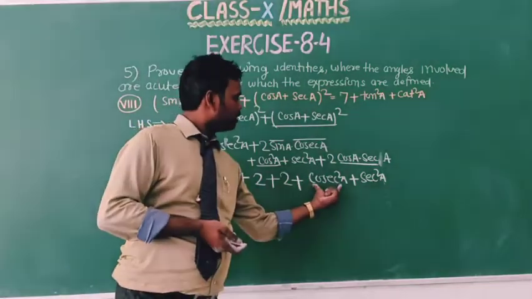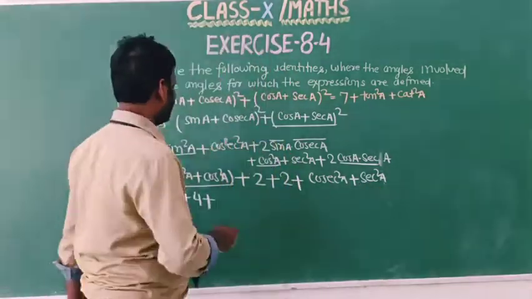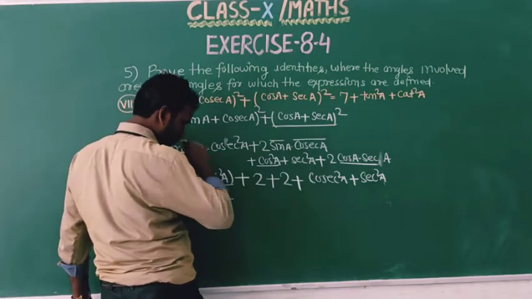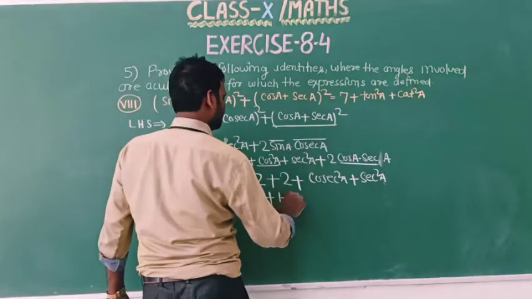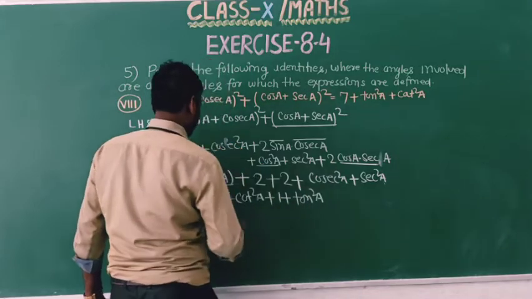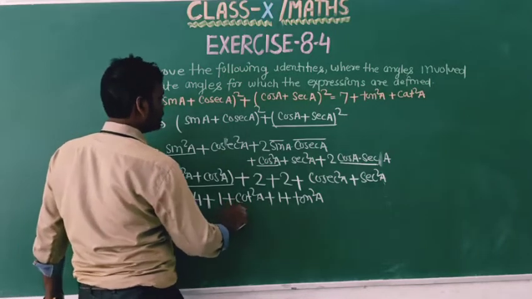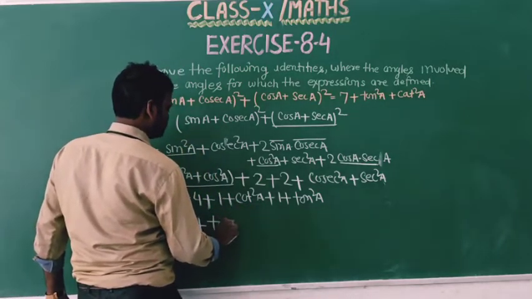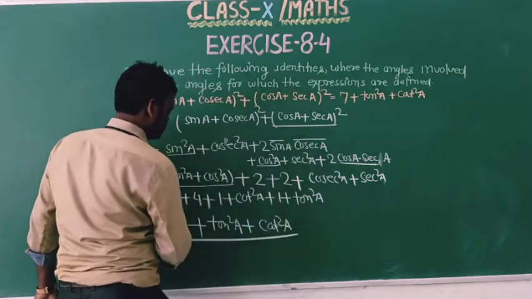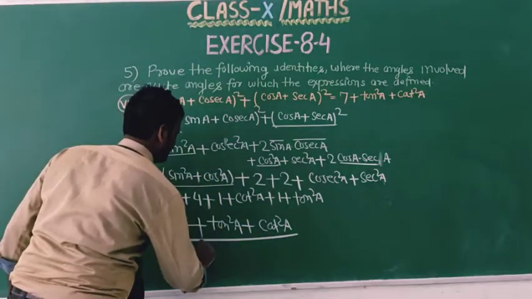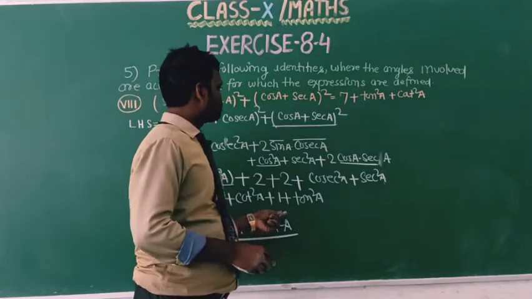So using the identities cosec square theta equal to 1 plus cot square theta and sec square theta equal to 1 plus tan square theta, this is 1 plus cot square a plus 1 plus tan square a. 1 plus 4 plus 1 plus 1 is 7, plus tan square a plus cot square a.